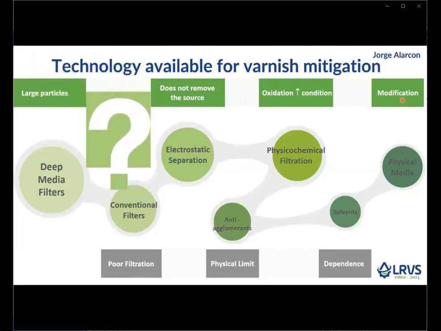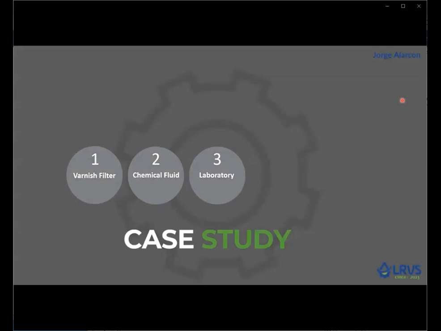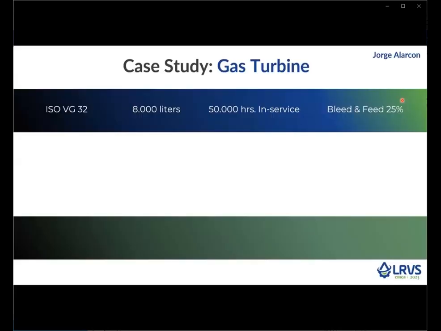So which one to use? That's the question, right? There are so many options. So which one is the best one? And the best one will depend on the type of problem that the system and the oil is suffering, right? So in a very short case study, we will talk about a situation that I had with a customer.